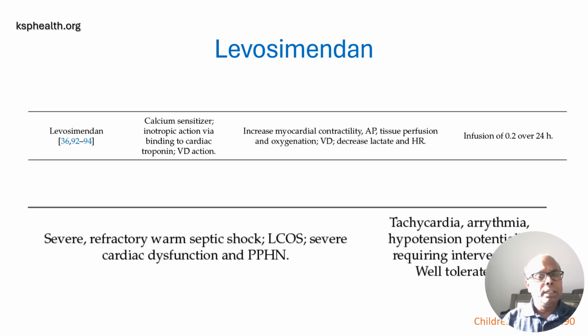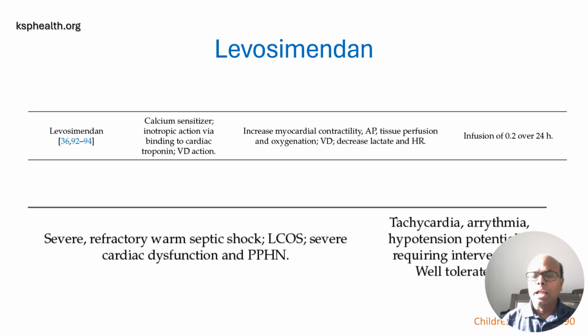The next drug is levosimendan. It is a calcium sensitizer. It has an inotropic action and also a vasodilatory action. Its infusion is 0.2 over 24 hours. It is useful in patients with severe refractory warm septic shock and also in patients with pulmonary hypertension with cardiac dysfunction.